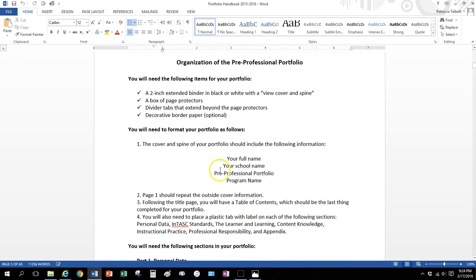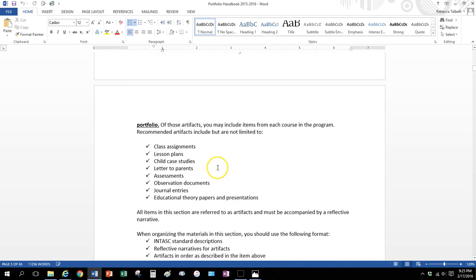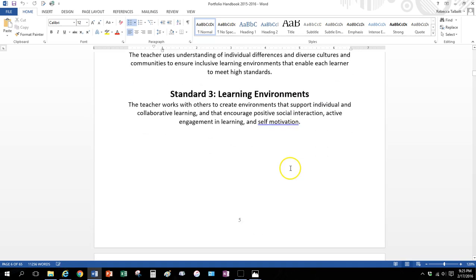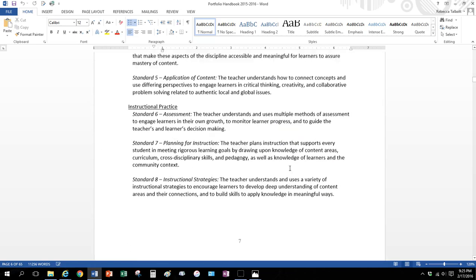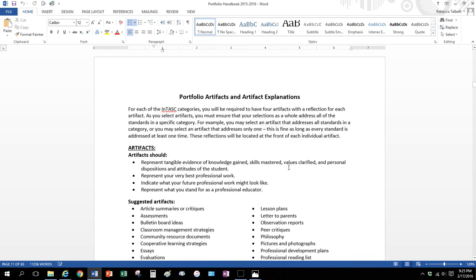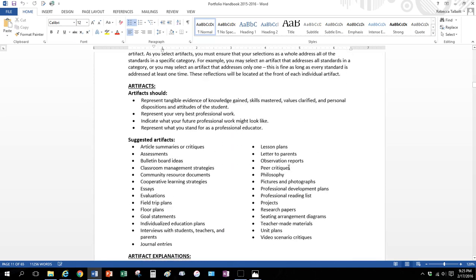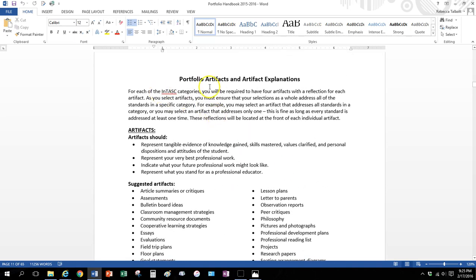Going down a little bit further, here we go. This is page 9. This has a little bit of information about artifacts and artifact explanations or reflections.